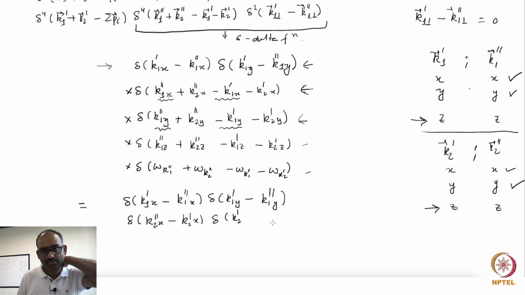Okay, I am not being very consistent. K2 prime x minus K2 double prime x, K2 prime y minus K2 double prime y. Sorry, I keep making mistakes. That's why I should look at my notes. Now this is better. This is correct.